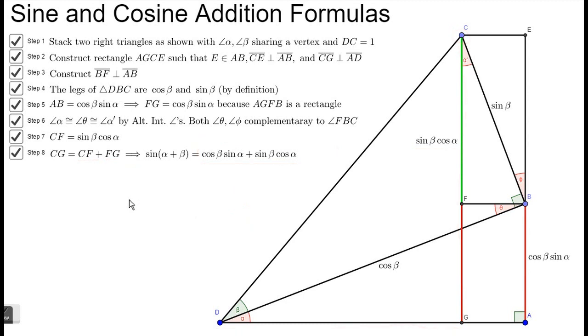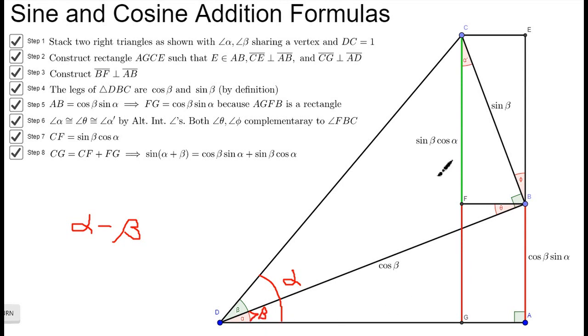Also, there is a way to use this same figure to prove the subtraction formulas. And let me just quickly show you that. Right, so if I want a cosine or sine formula for alpha minus beta, then what I have to do is make the entire angle alpha and then choose a smaller portion of it, say, to be beta.